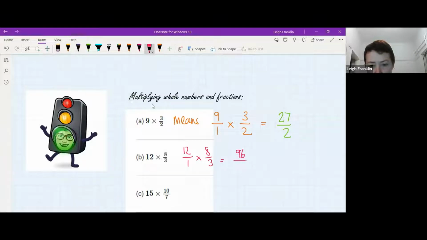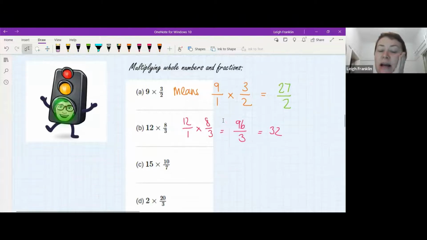And then 1 times 3, which is 3. Lovely. And then you can simplify it to 32 over 1. All right, which you would just write as 32.